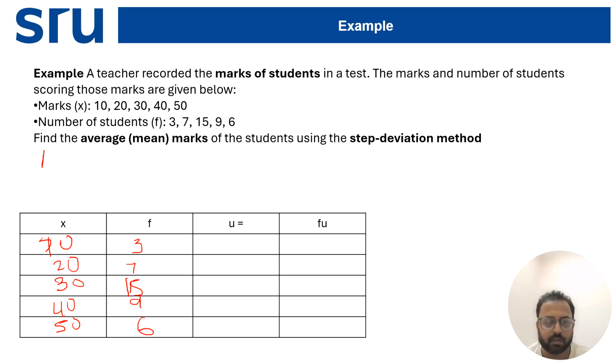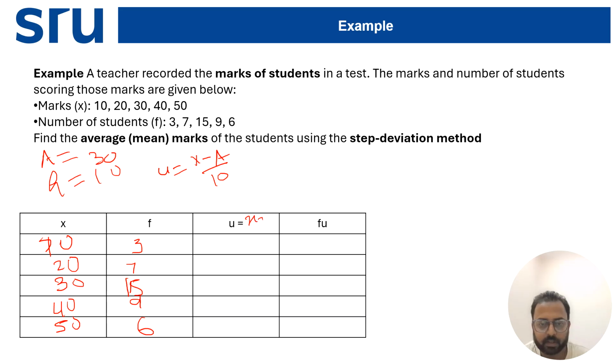So a is equal to 30. For h, we can see that x values are equally spaced: 10, then 20, 30. So the h value is 10. So the formula is u equal to x minus a divided by 10.